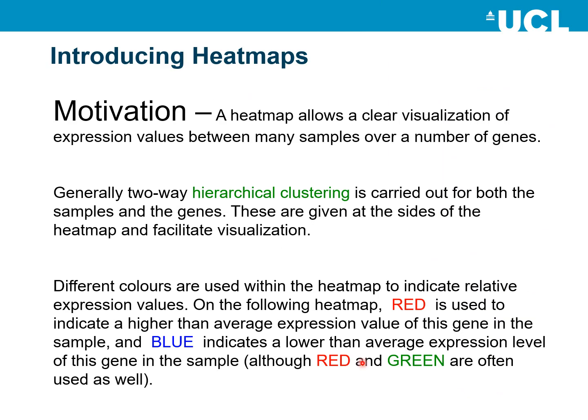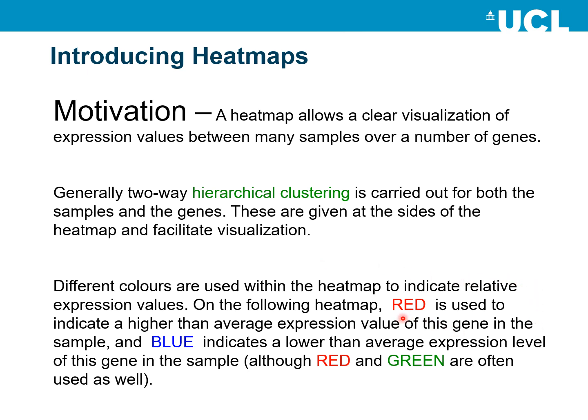So I think it's worth introducing heat maps at this point. A heat map allows a very clear visualization of the expression values between many samples over many genes. What we generally do is a hierarchical clustering is carried out on both the samples and the genes, and this then gives the ordering of the samples and the genes, and then we put it out into a matrix in colour.